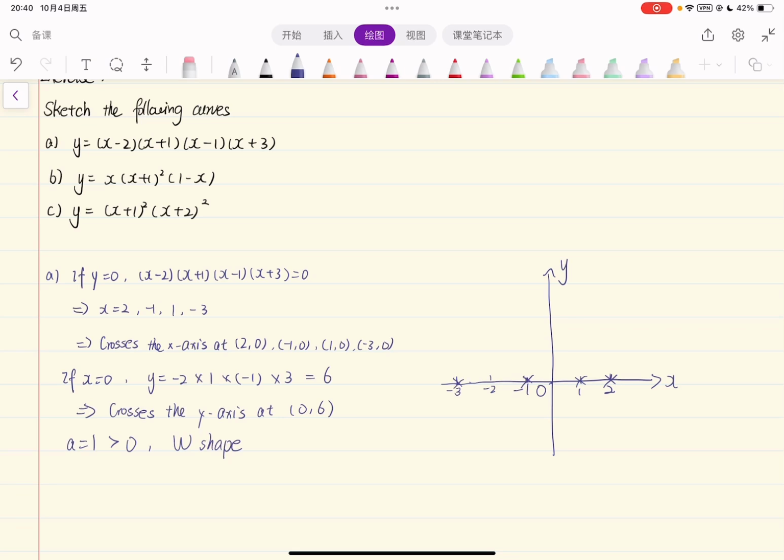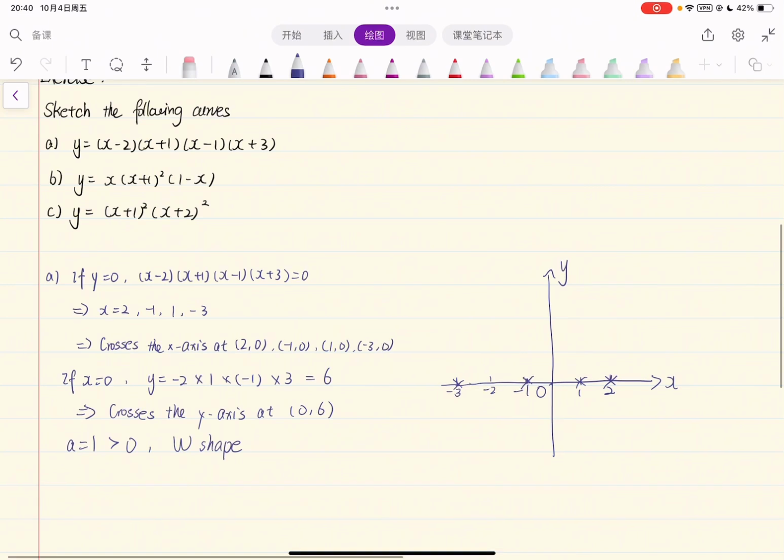It crosses the y-axis at (0, 6), probably over here. So the W shape crosses these points. We can have a curve that looks like that. Sorry, terrible drawing. Let me redraw it. Maybe something like that.